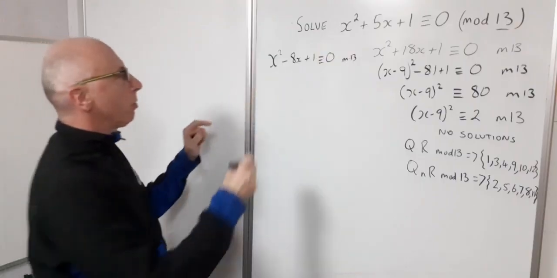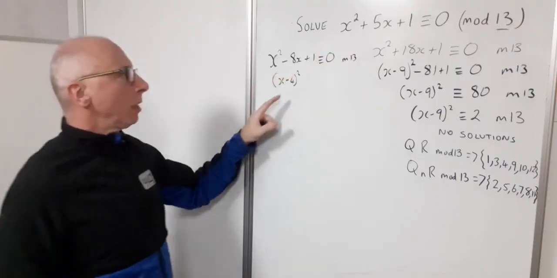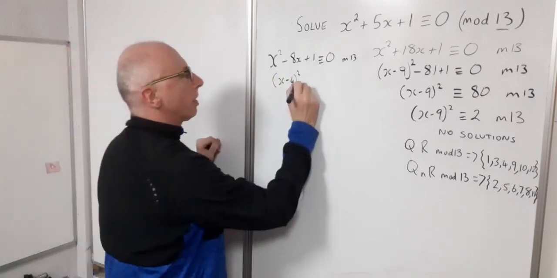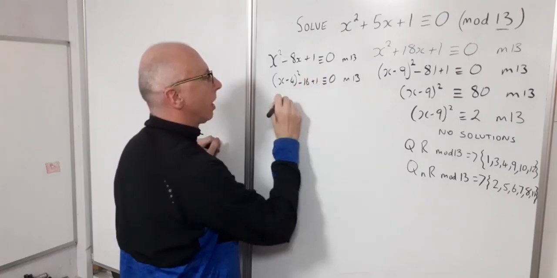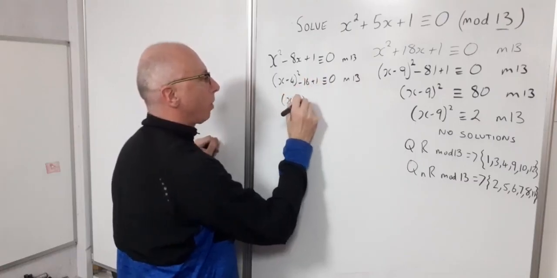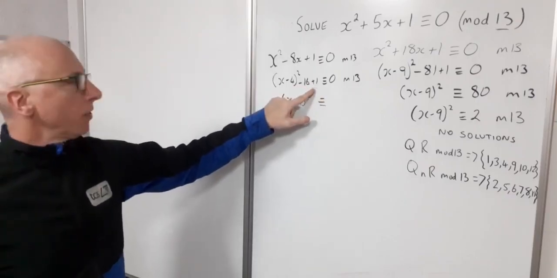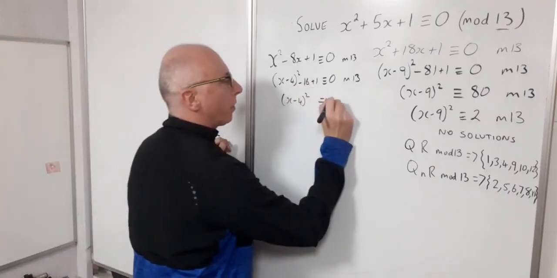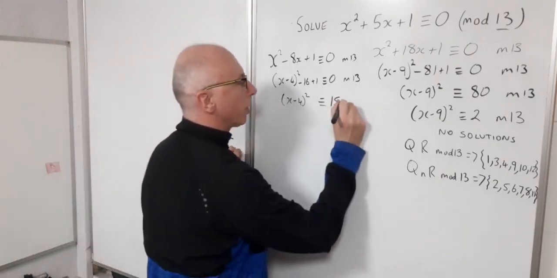So complete the square on this one. We've got x minus 4 squared. The extra term will be minus 16. So minus 16 plus 1 congruent with 0, modulus 13. And then we've got x minus 4 squared is congruent with minus 16 plus 1, which is 15. So 15, and 15 is congruent with 2 modulus 13.